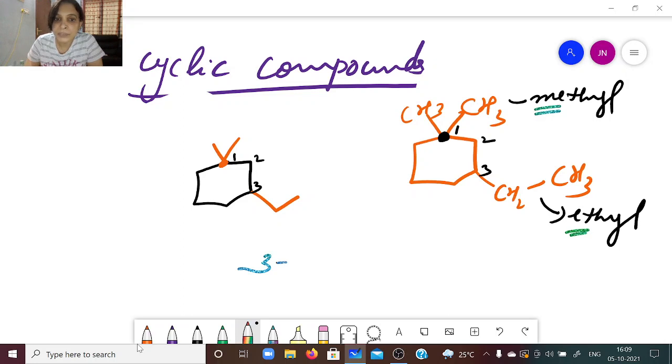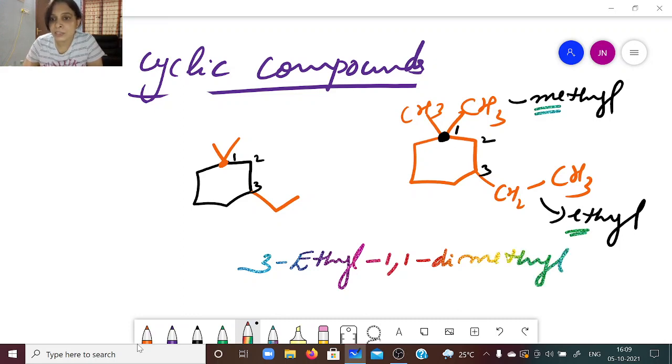So 3 ethyl. Then 1 dimethyl. Then because it is a hexagon, cyclohexane. So this is the way cyclic compounds are named.